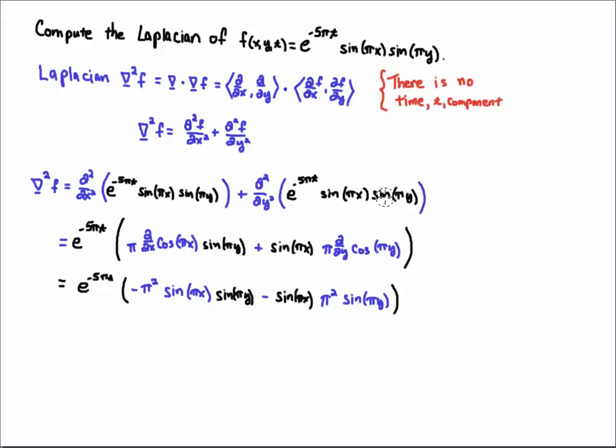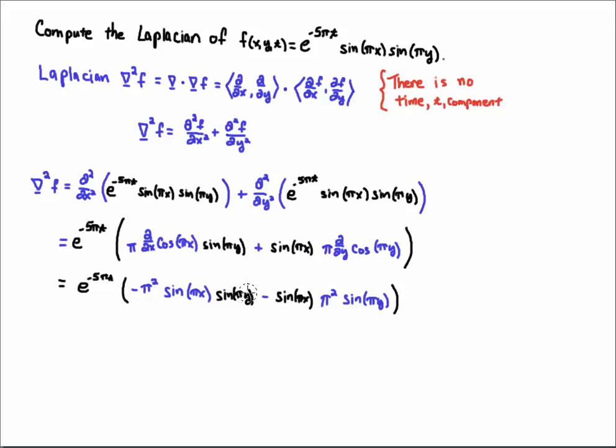When I take the derivative of sine, I get a cosine, and a pi pops out from the chain rule. Then I apply the derivative again, so this would be the second derivative. The second derivative of sine gives us a sine back again, but I get a minus because the derivative of cosine is minus, and the pi pops out again, so I get a minus pi squared. Similarly here, I take the derivative of cosine, I get a minus sine, and then the pi pops out because of the chain rule, so I get a pi squared.